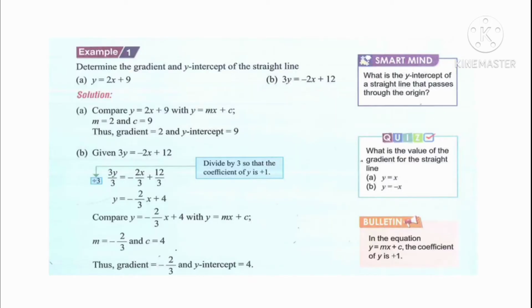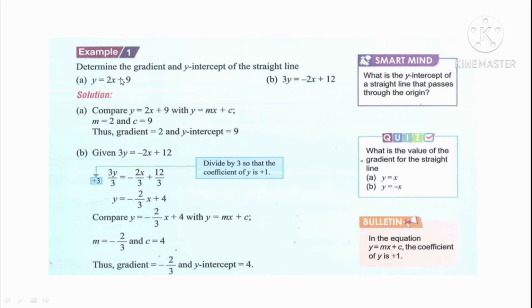So class, can you open your textbook now at page 229? Let us see for this example how to determine the gradient and y-intercept of the straight line. For A here, we can see the equation is y equal to 2x plus 9.